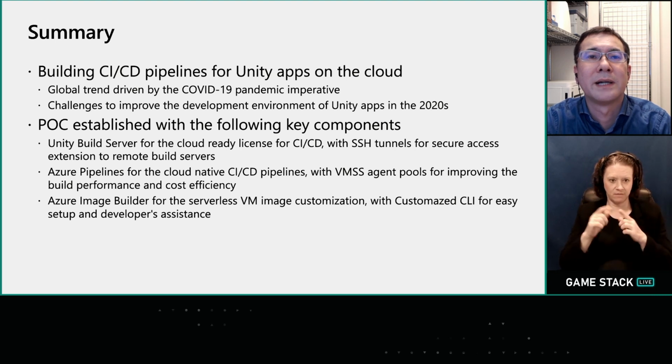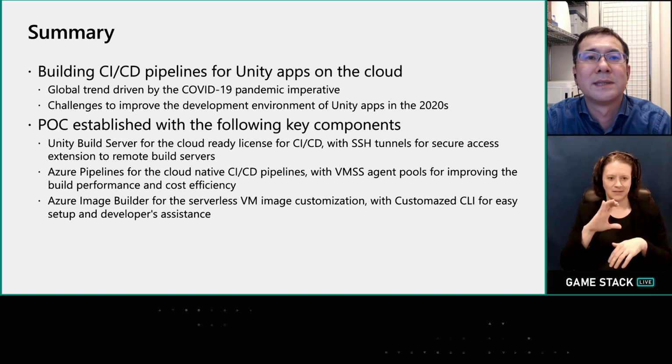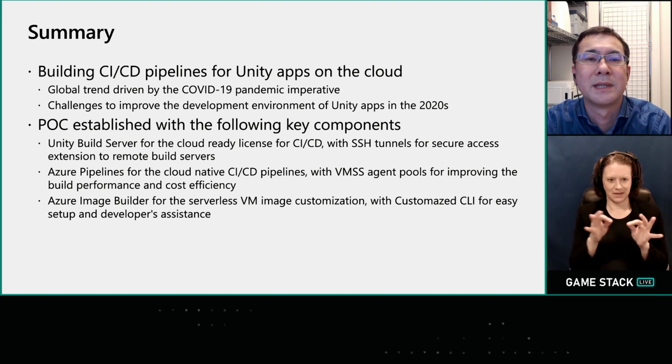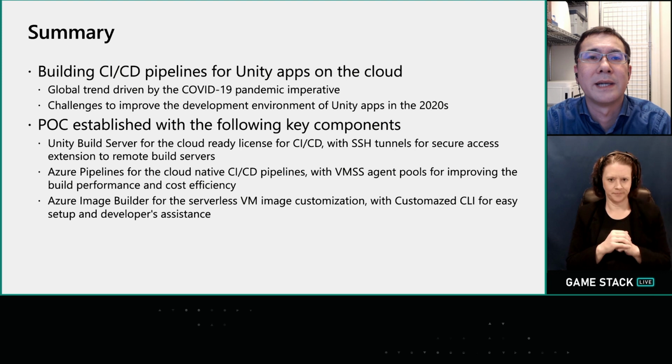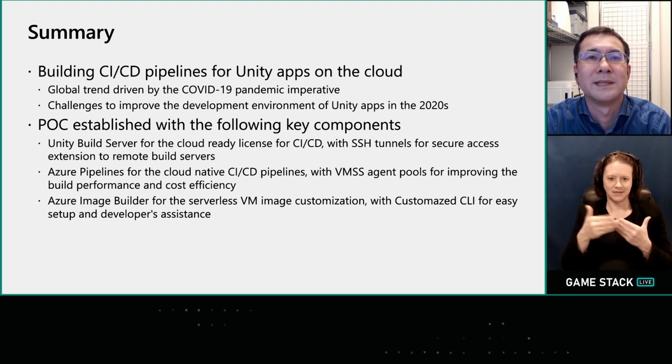The next one is Azure Pipelines for the cloud-native CI/CD pipelines, with VMSS agent pools for improving the build performance and cost efficiency at the same time. The last one is Azure Image Builder for the serverless virtual machine image customization, with Customazed CLI for providing easy setup and developer assistance.